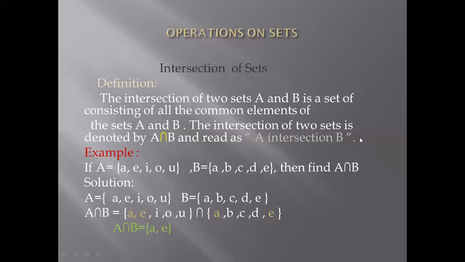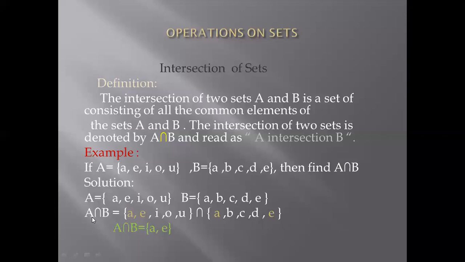Now we take an example of this. A is A, E, I, O, U, and the elements of B are A, B, C, D, E. Now we find A intersection B: A, and then the sign of intersection. What is the sign of intersection?